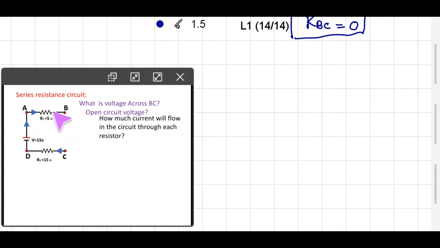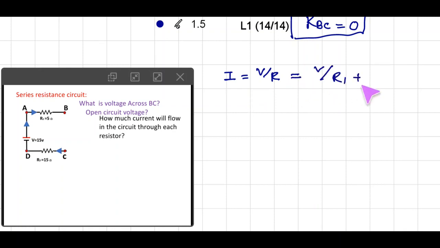To find the current we know that I is equal to V upon R. But in the total resistance, we have R1 present, R2 is infinite, plus R3 is present, and anything upon infinite, that is, the current is almost 0.